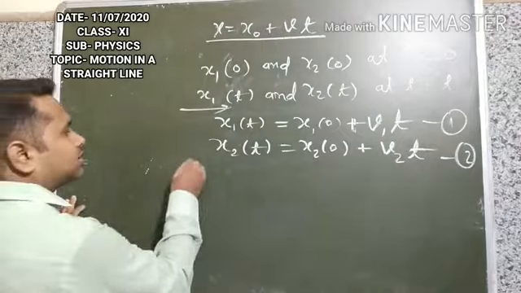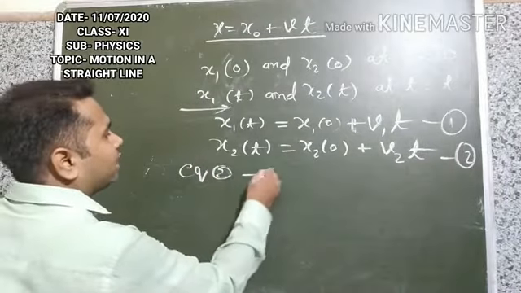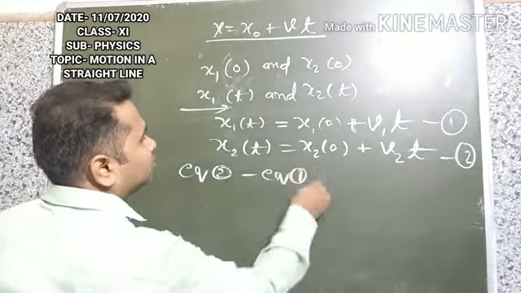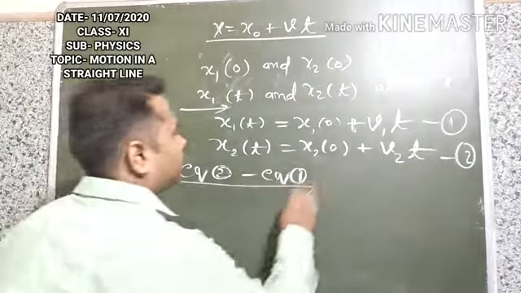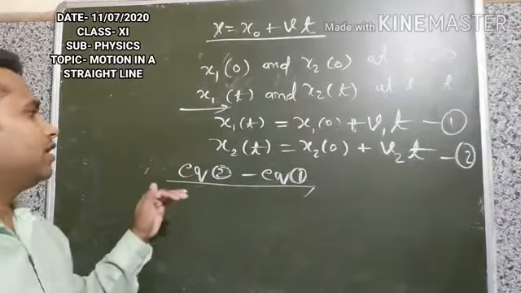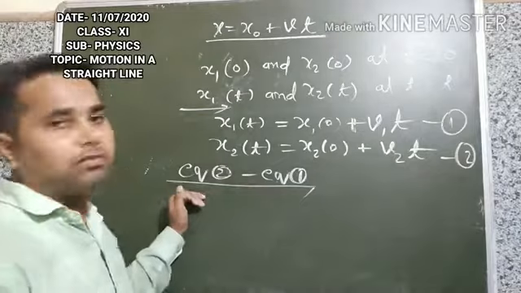So let's do equation number 2 minus equation number 1. We are subtracting equation number 1 from equation number 2.